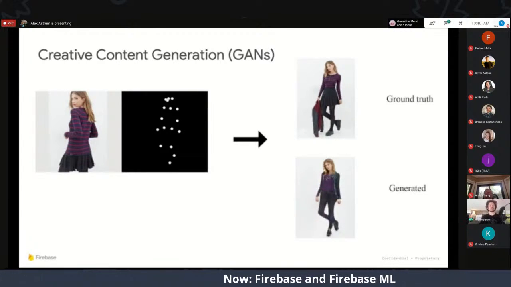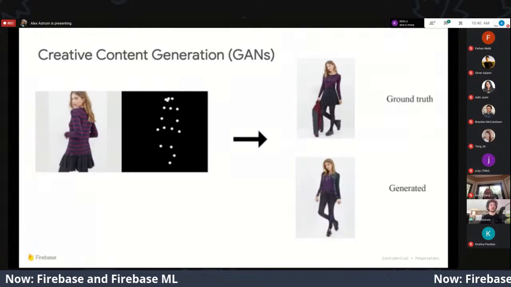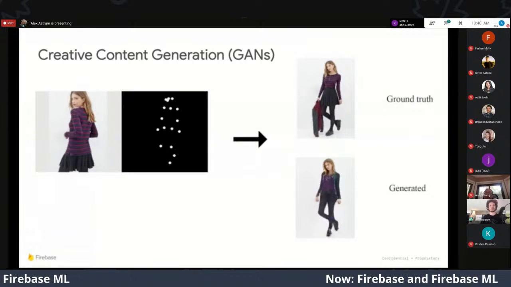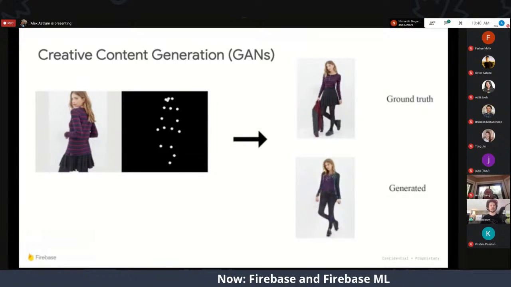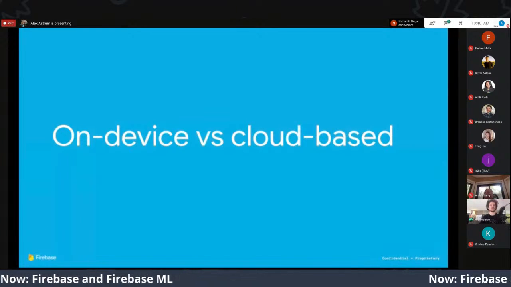It's one of the fields that is developing very intensely right now, and there's very good progress in this field. So definitely take a look, try it out, and see if maybe that's something useful for you.